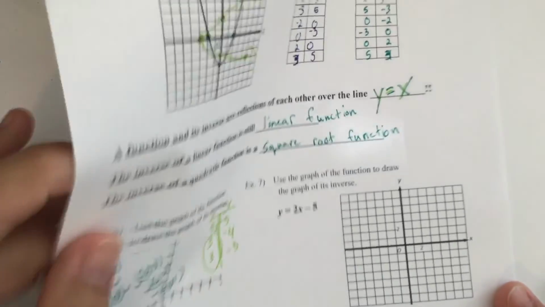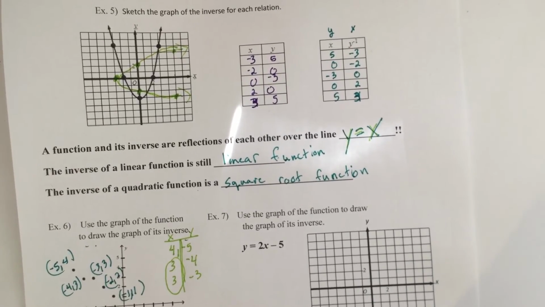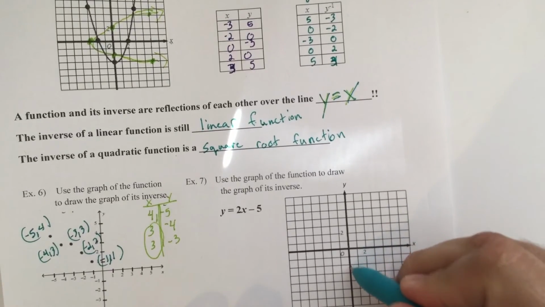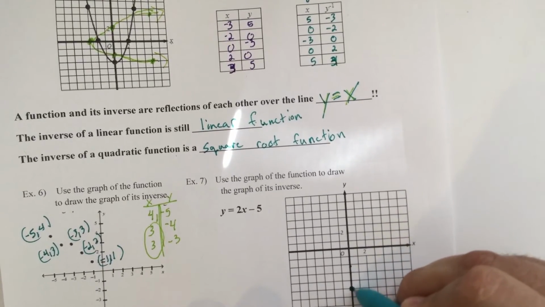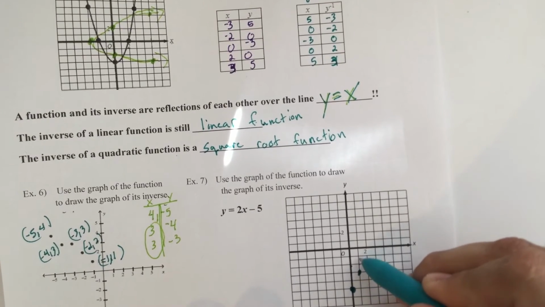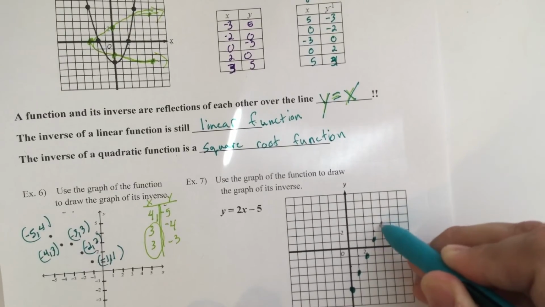Now here we graph y equals 2x minus 5. Simple, easy. I hope you can tell that yes, this is a function. It's a linear function. So my slope is 2. So up 2 over 1, up 2 over 1, up 2 over 1.